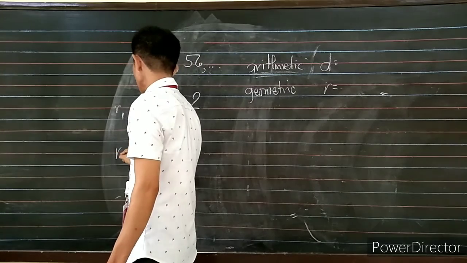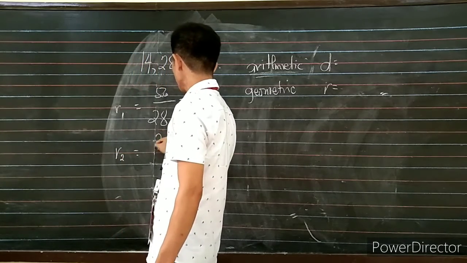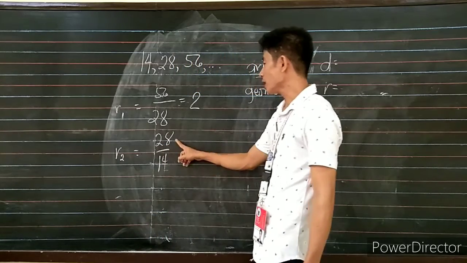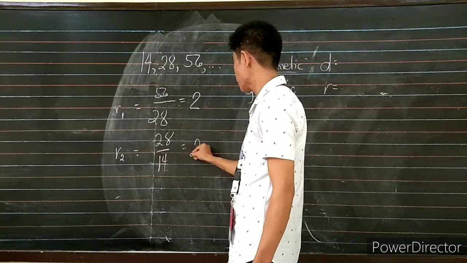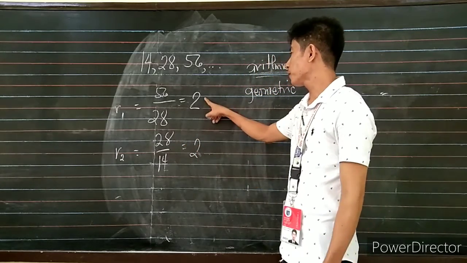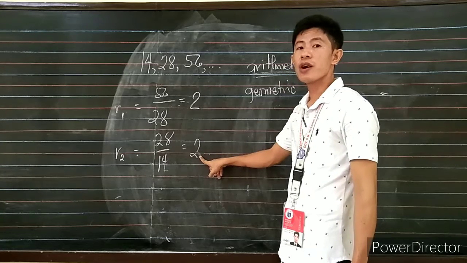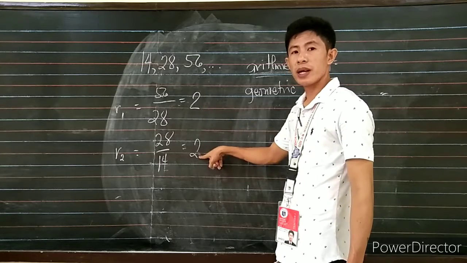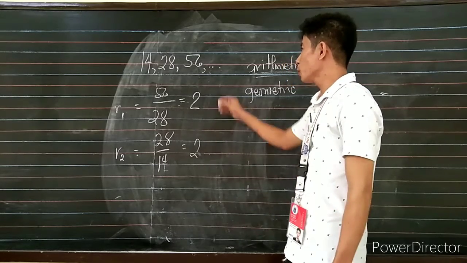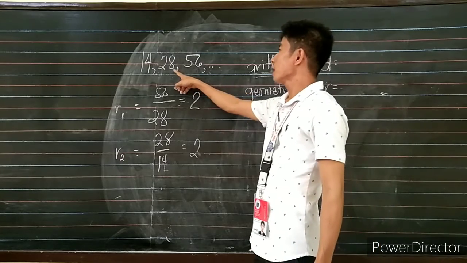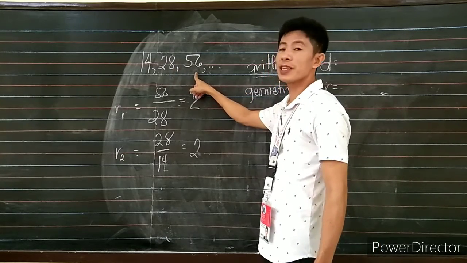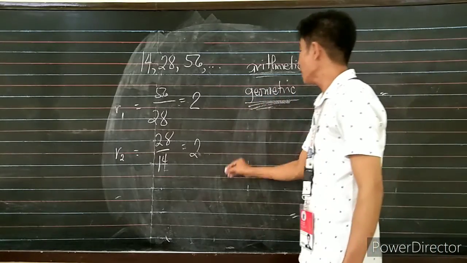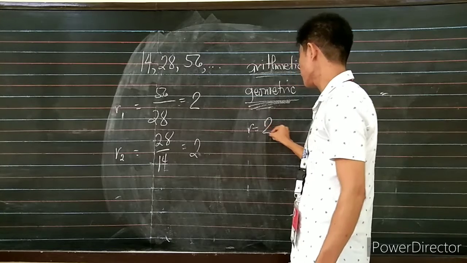Next, for our ratio number 2, we have 28 over 14, which is equal to 2. As you can observe, the first ratio and the second ratio are the same. They are 2. Therefore, we can say that this sequence 14, 28, 56 is an example of a geometric sequence with a ratio of 2.